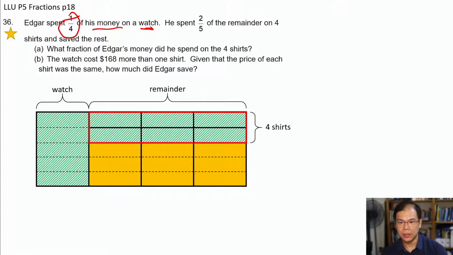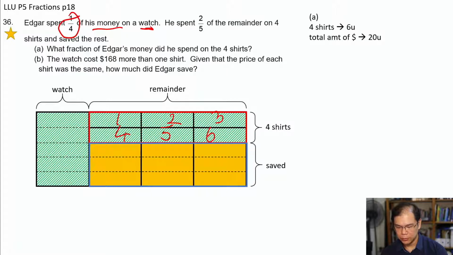Okay, so now the question is asking what fraction of the money did he spend on the 4 shirts? There are 6 units. 1, 2, 3, 4, 5, 6. Total amount of money, total units is actually 20. You can count by yourself. 1, 2, 3, 4, 5, 10, 15, 20.